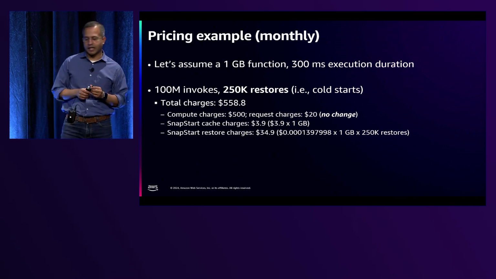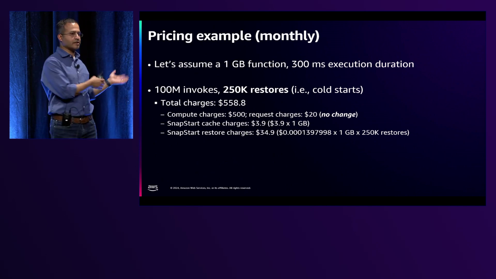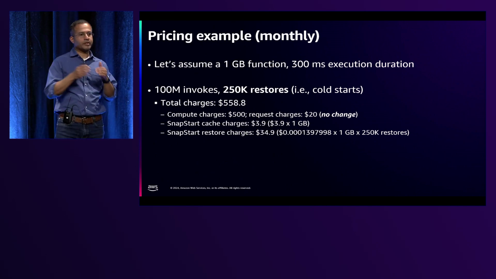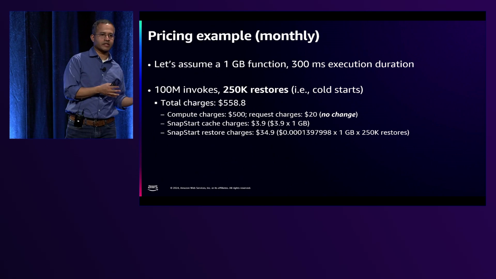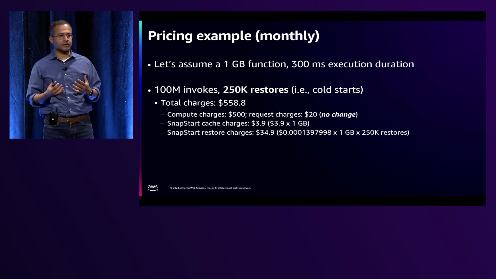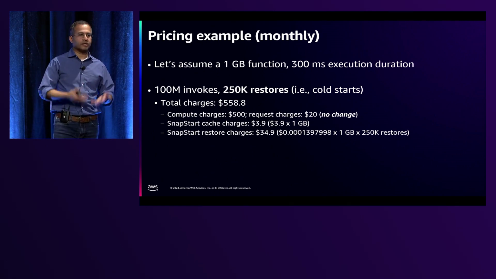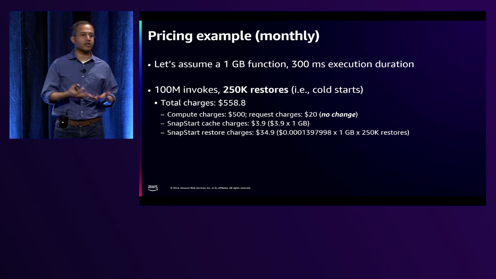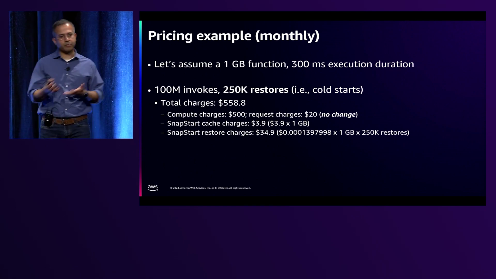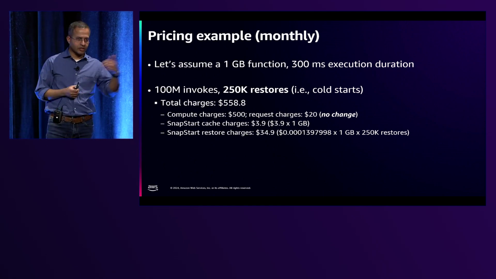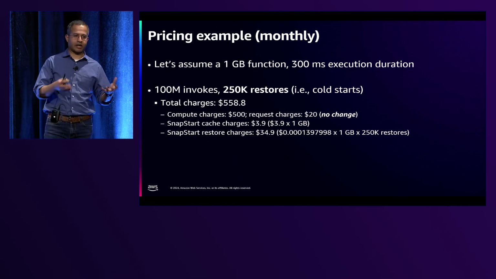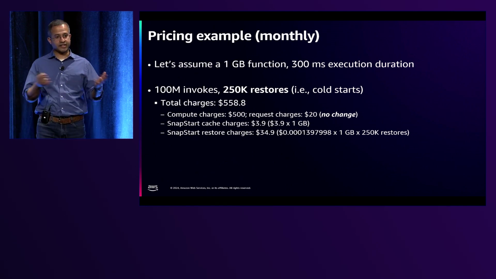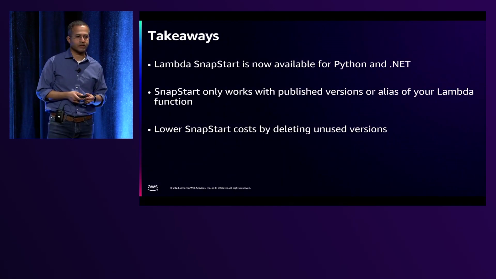Since this pricing is per function version, a best practice is to delete the older function versions that you're no longer using, because Lambda would continue to keep these snapshots available even for older versions. So look for the function versions that you no longer care about, and if SnapStart is enabled, either disable it or just delete those versions.